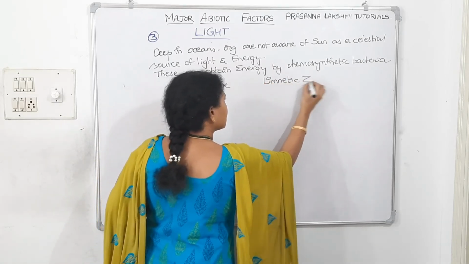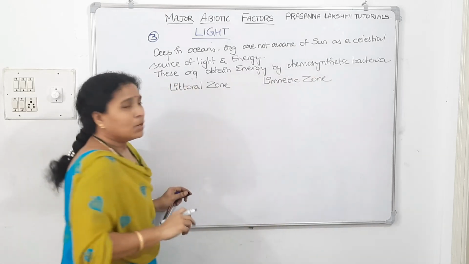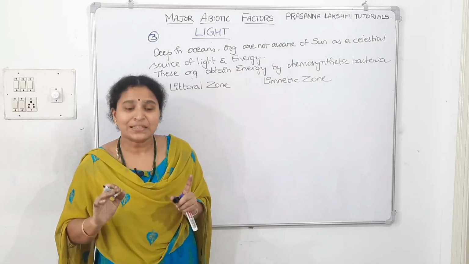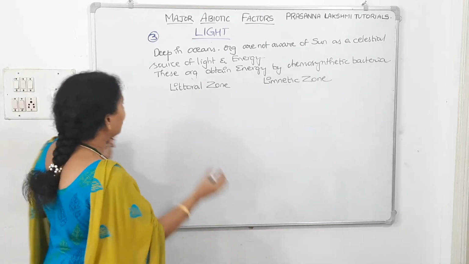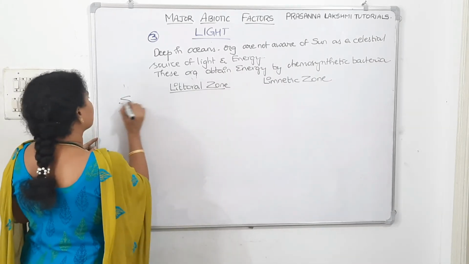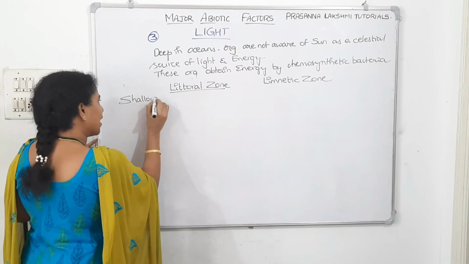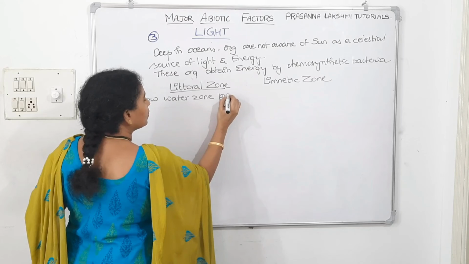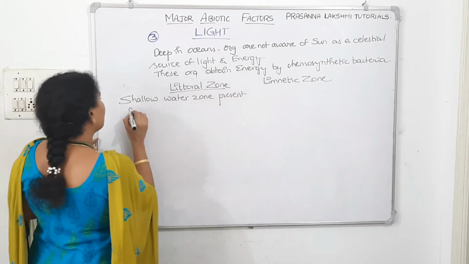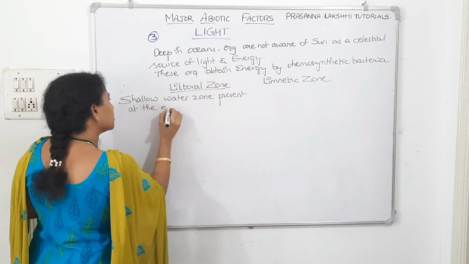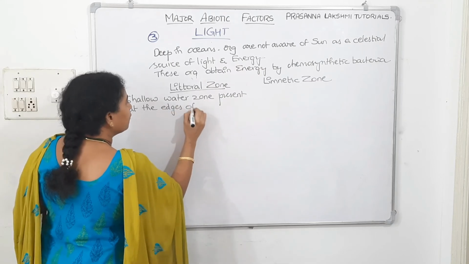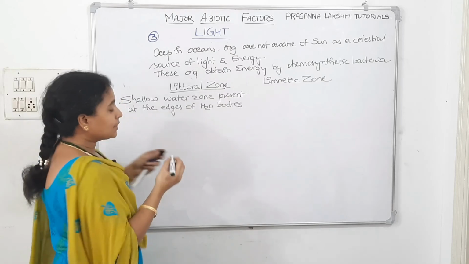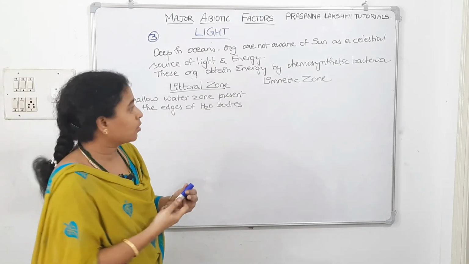The littoral zone is a shallow water zone present at the edges of water bodies. Now, what is the limnetic zone? It is an open water body zone.